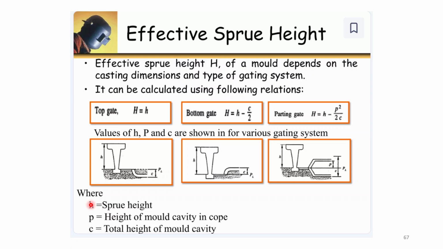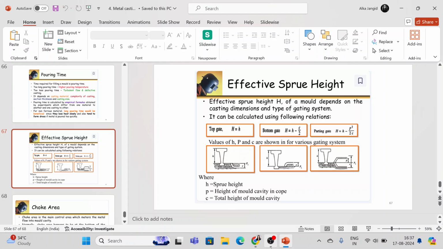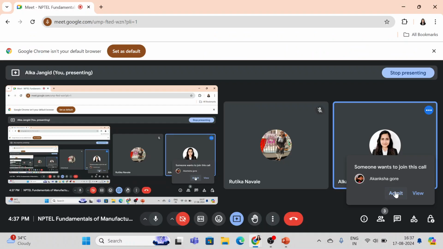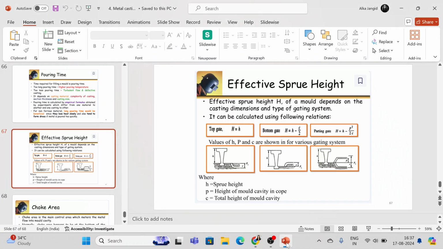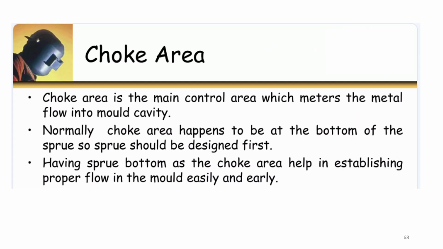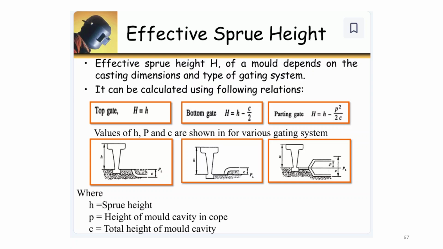Effective sprue height. The effective sprue height H of a mold depends on the casting dimensions and type of gating system, and it can be calculated using the following relations.